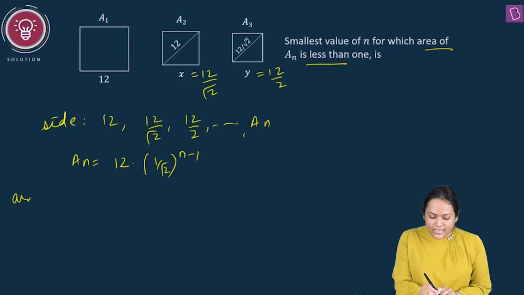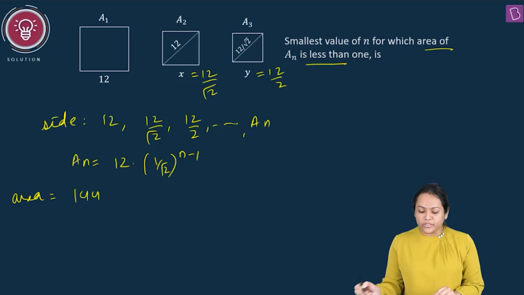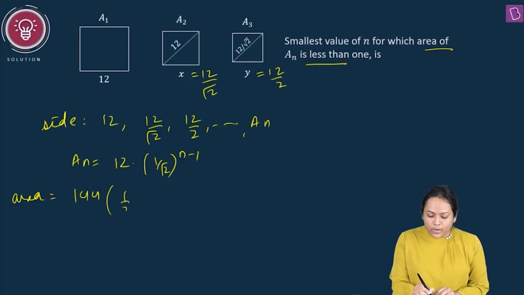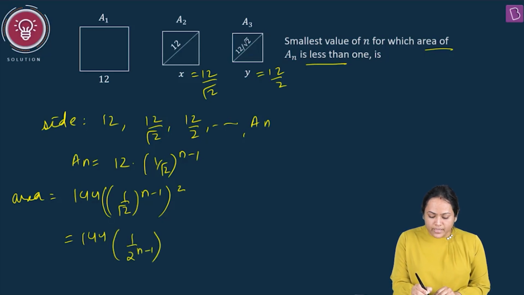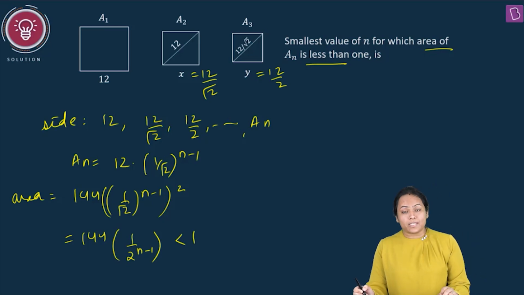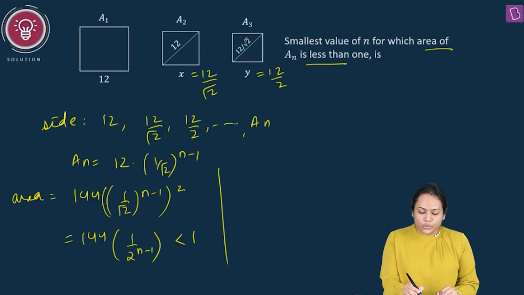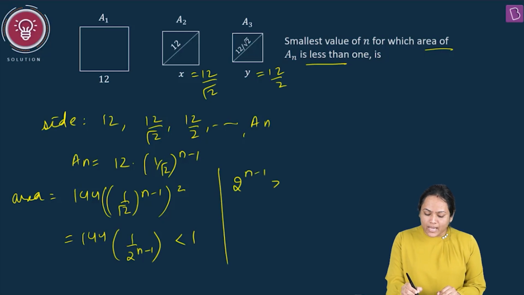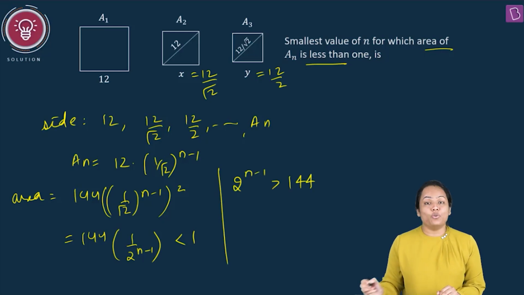So I can say that the area will be equal to side square, that is 144 multiplied by 1 by root 2 raised to n minus 1 whole square, which further can be written as 144 multiplied by 1 by 2 raised to n minus 1. And this value is given to me as less than 1. That means 2 raised to n minus 1 has to be greater than 144.